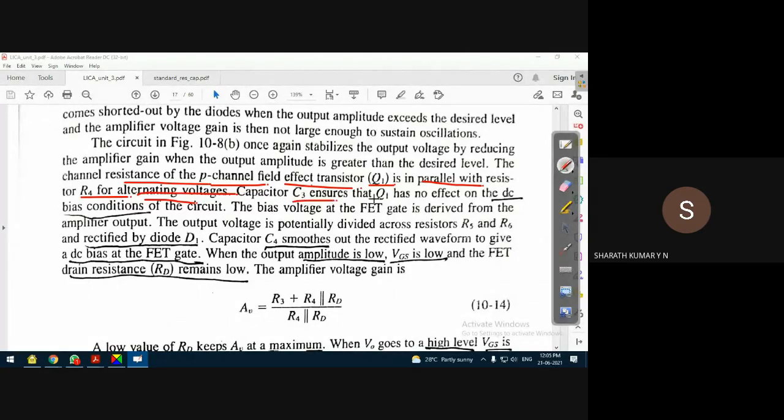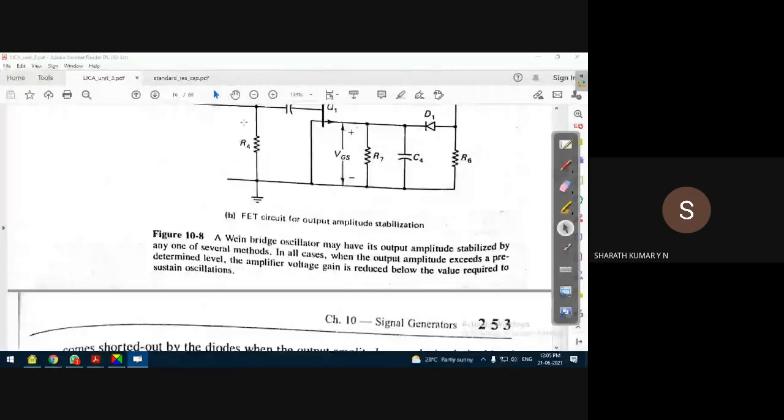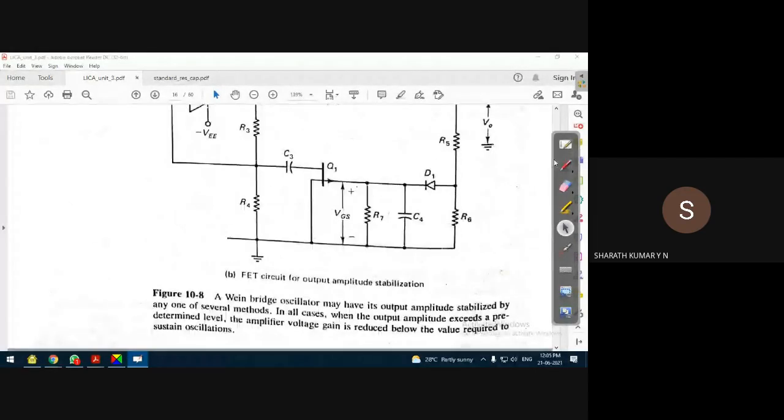So capacitor C3 ensures that Q1 has no effect on the DC bias condition of the circuit. Observe this C3: it helps in blocking the DC current flowing into this network. It acts as an AC short, it stores the charges, so it will allow only AC current and block the DC current.